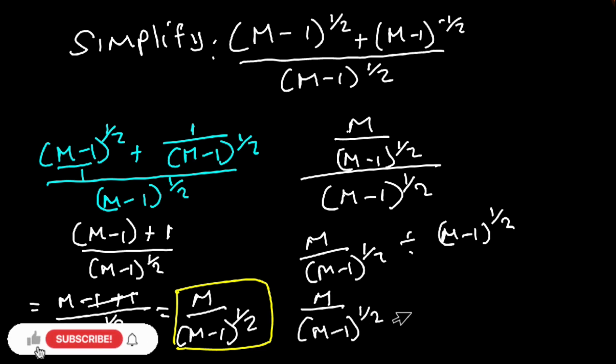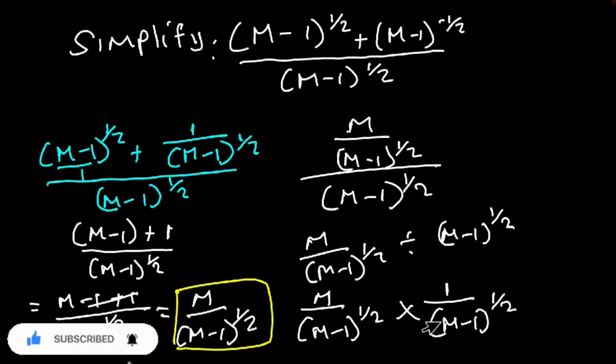Then this division can be changed to multiplication. Then we are going to reverse this one, so it will be 1 over (m minus 1) raised to the power half. So m times 1 is equal to m, then over (m minus 1) raised to the power half times (m minus 1) raised to the power half, which is the same thing I explained earlier.